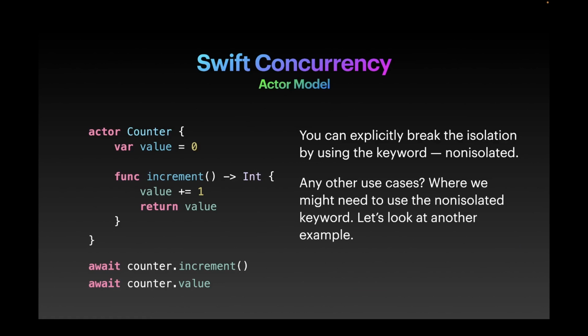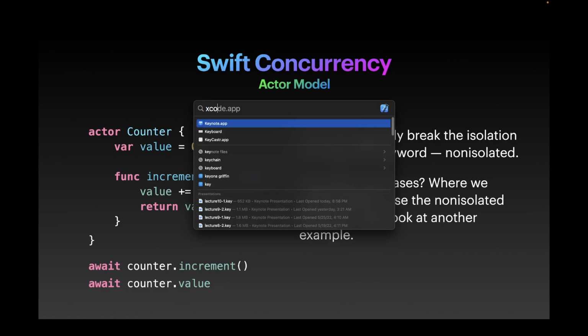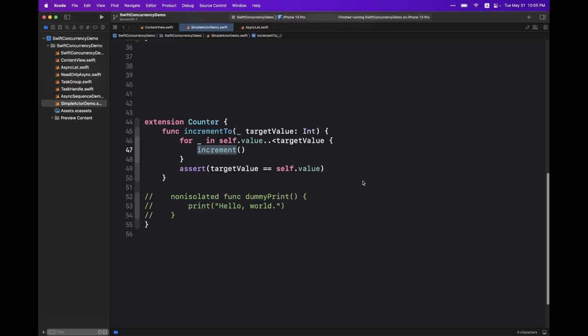Now, the nonisolated keyword has lots of other use cases, and sometimes you might explicitly want to use this nonisolated keyword. Let's take a look at another example where we actually need the nonisolated keyword.